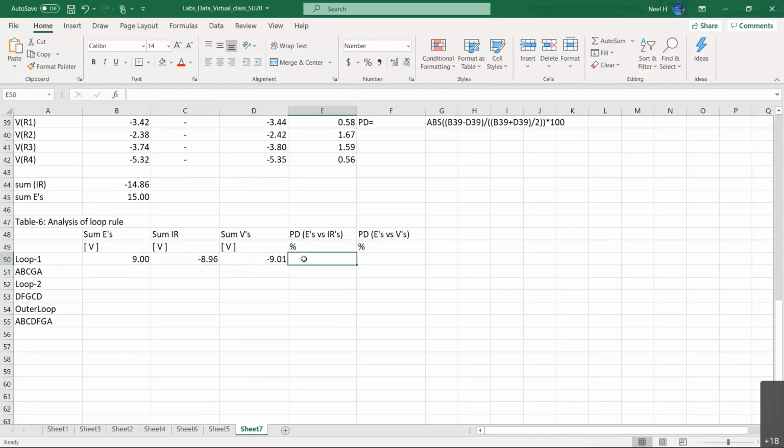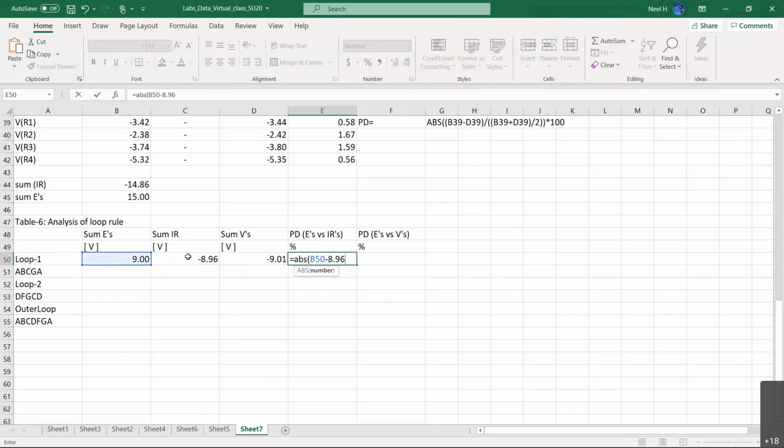So let's do the percentage difference then. Absolute value, ABS, parentheses. Now I need the difference between E's versus INR. This is C minus, when you do this INR, that should be a positive number. I just need that number. So I'm going to type that number, 8.96, instead of clicking here.